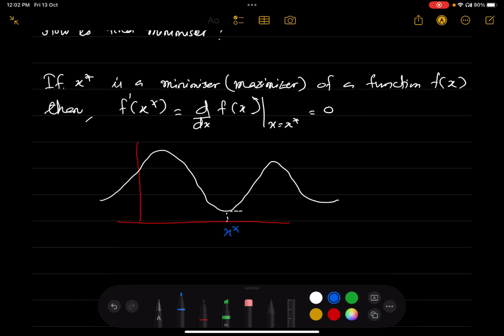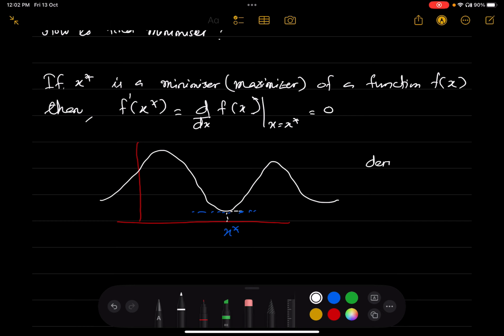In 1D, it's easy to see what the derivative at a particular point means. In any sense, it is the slope at the point, right? So at this minimum point, the derivative is the tangent's slope.